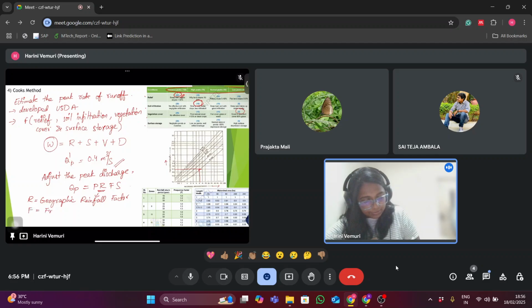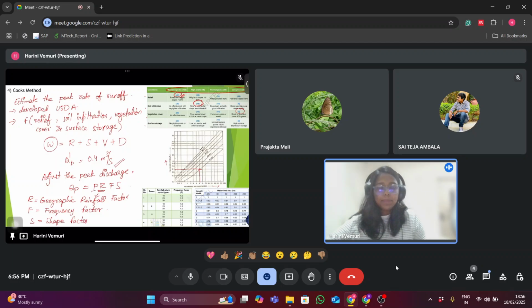F is the frequency factor. S is the shape factor. Okay. And P is the uncorrected peak discharge that we have estimated from this table. Okay. So based on these factors, we will correct the peak discharge.